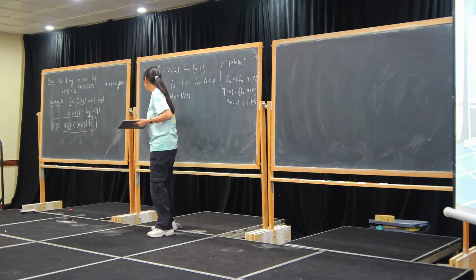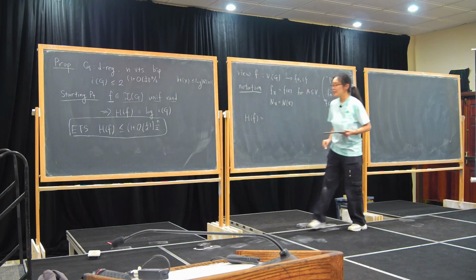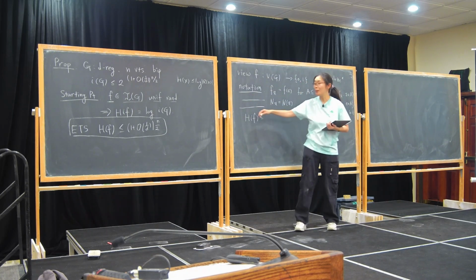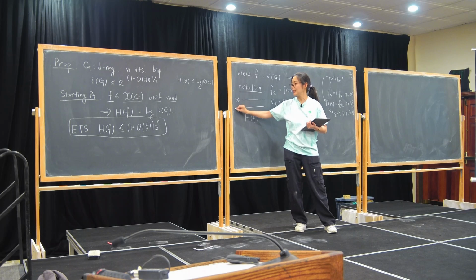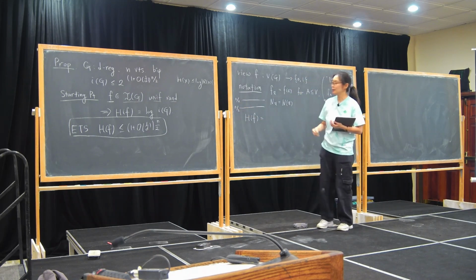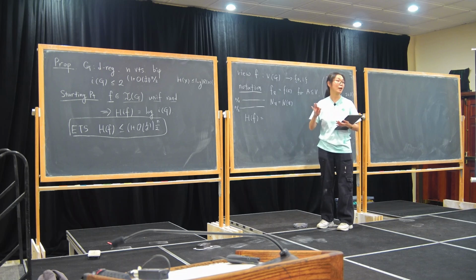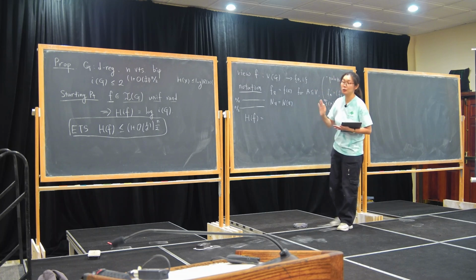So first of all, the basic intuition is this. We have this bipartite graph with n over 2 and n over 2 vertices. And we want to reveal the colors of each vertex in a clever way so that we can reduce the amount of information that we have to reveal, or we can give an upper bound on the entropy.